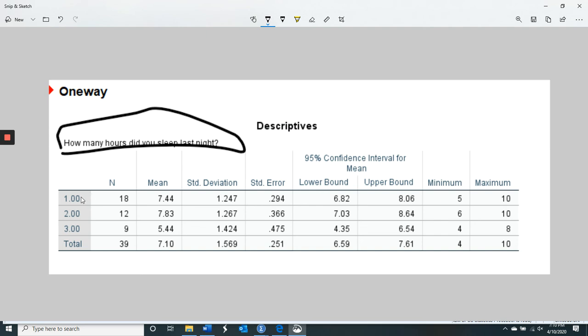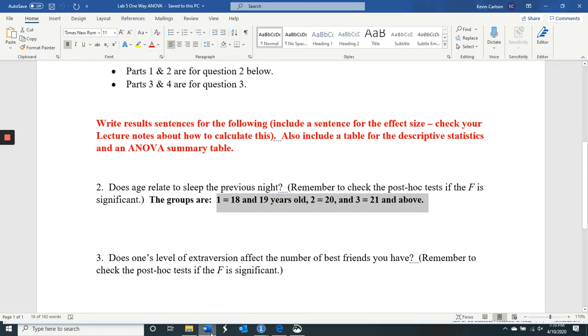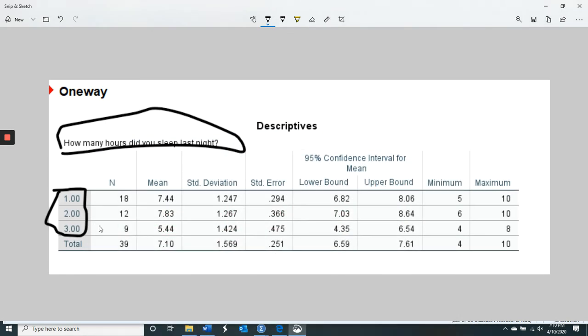And then we have the three groups here. They're not labeled, but remember I gave you this information in the lab. So group number 1, 18, 19-year-olds. Group number 2 are 20-year-olds, and 3 is 21 and above. That's what these groups are. And remember the means here and standard deviations here. So that's all I'll say about that output.